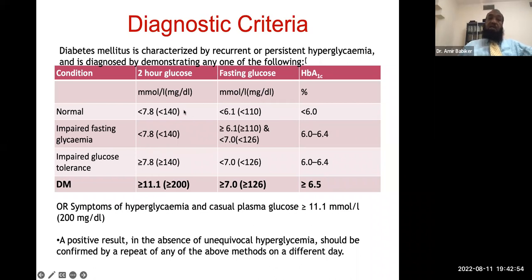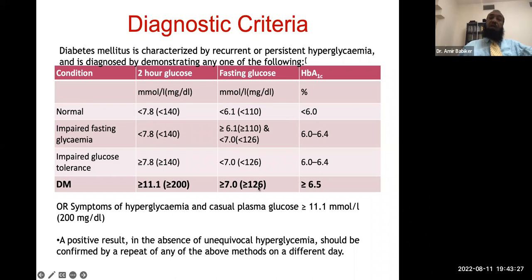The upper limit in the 2-hour postprandial is where the patient is at this level. Fasting glucose should be less than 110 in a non-diabetic. If a patient is between 110 and 126, that means this is a patient in an impaired fasting glucose status.